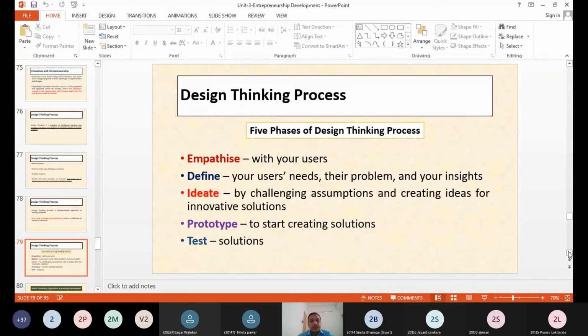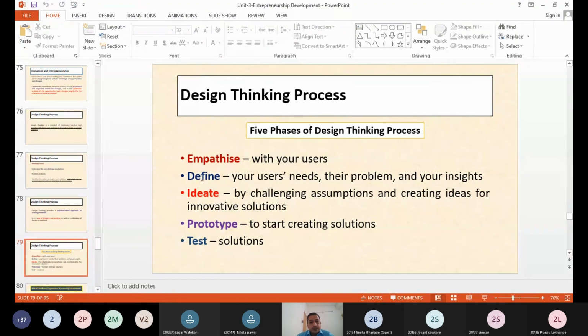These are 5 simple stages of the design thinking process. First step is empathize, means understand your users empathetically, means understanding the feelings and emotions of the individuals or the users. First, understand your users, understand them better.